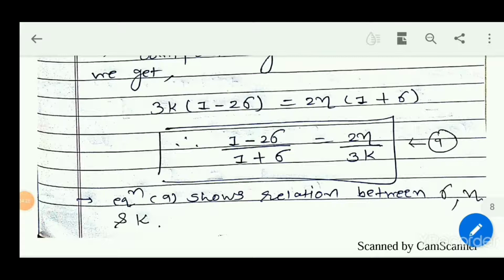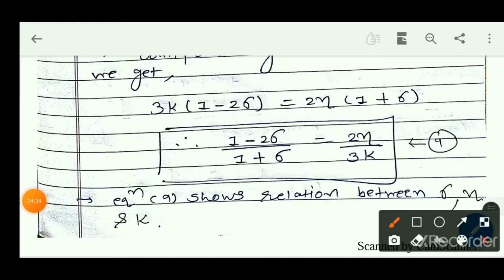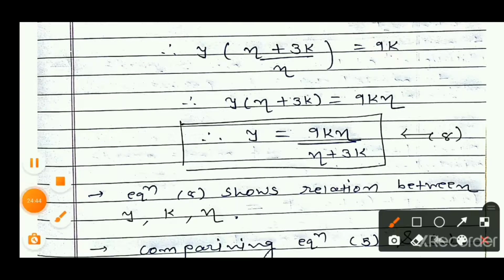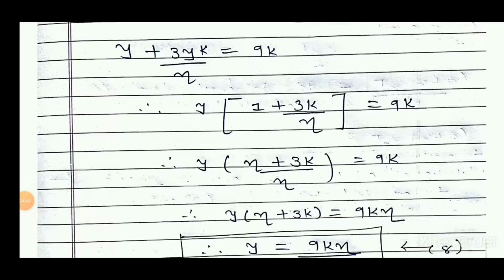Okay, so now you might have lost some of the physics and got involved in mathematics, so let's brush up the concept of what we did here. We found the relation between sigma, eta and k in this equation. Also we can find the relation between Y, k and eta in this equation.